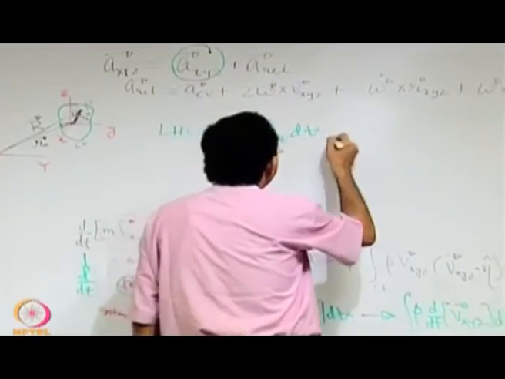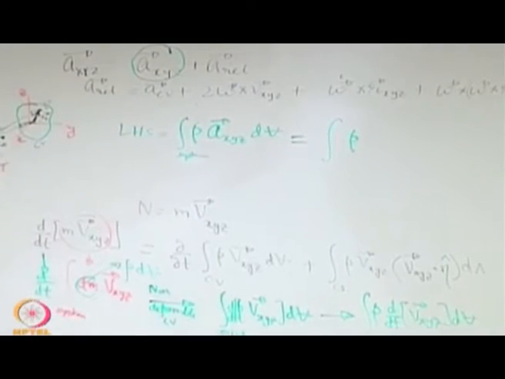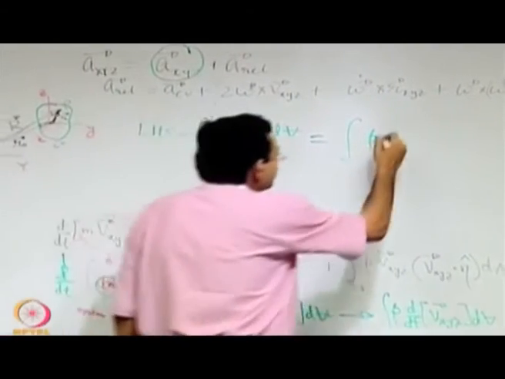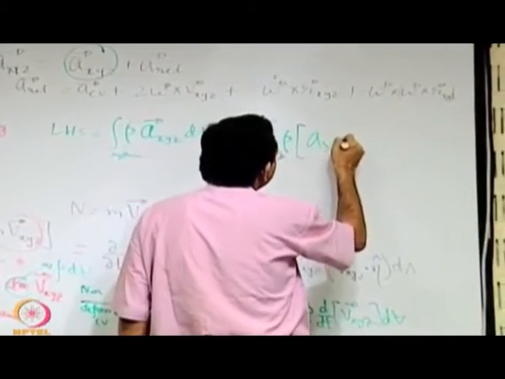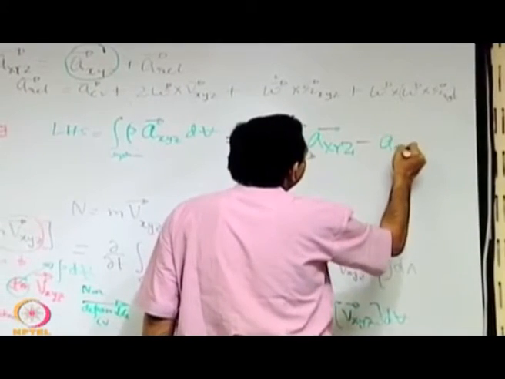So, we will write this as the integral of rho, in place of a small x y z we will write a capital X y z, minus a relative.